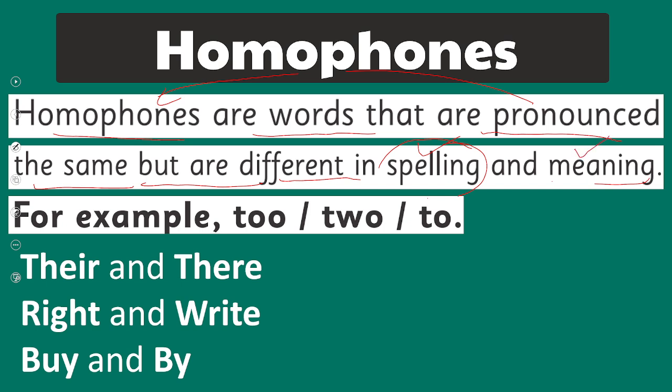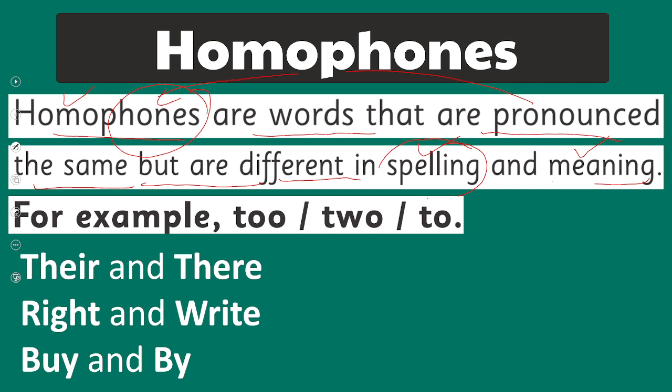So based on the sound that are similar, that's why we call them homophones. Homo means having similarity, they are similar, and phone is related to sound. So words with similar sounds are homophones.